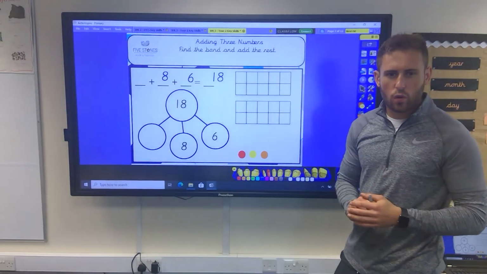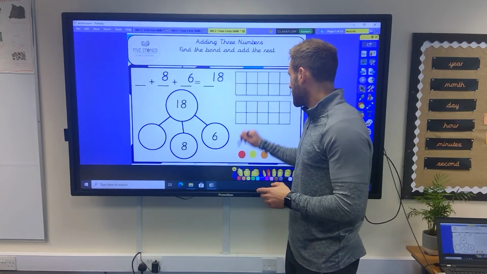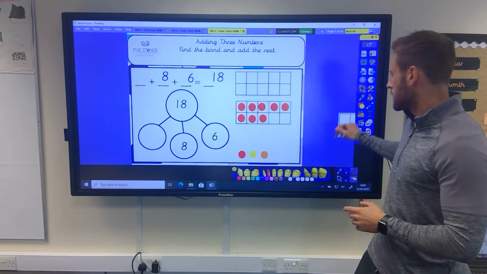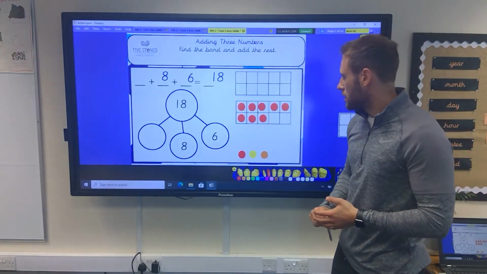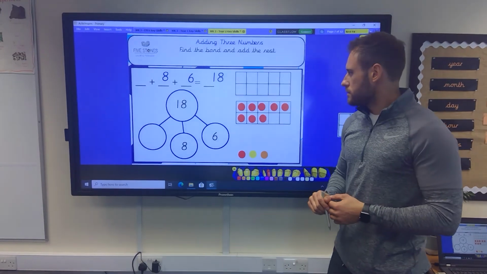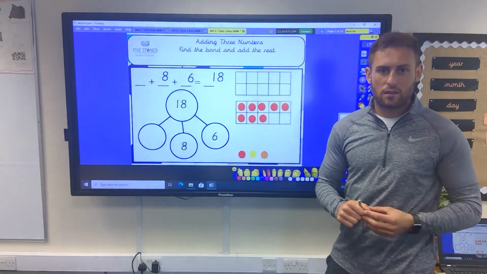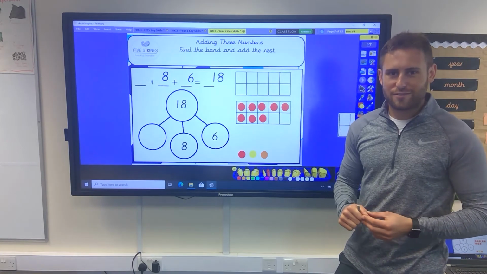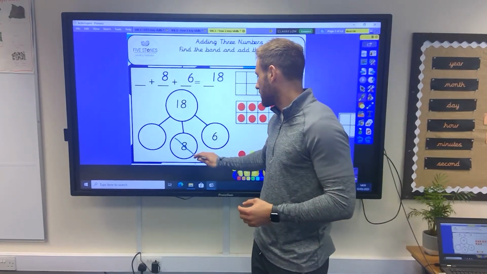So if I've given you the whole of 18, I know that this part of my tens frame is going to be 8 because we've got 8 ones. But we've got a part of 8 and a part of 6. Which part have I used there? I've used the 8 part.